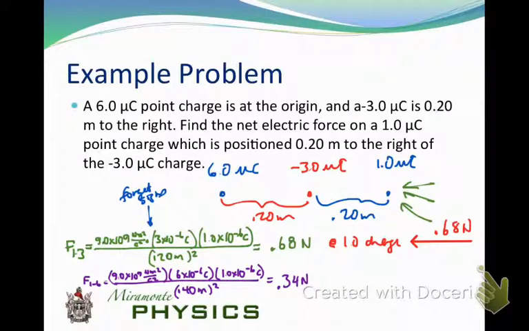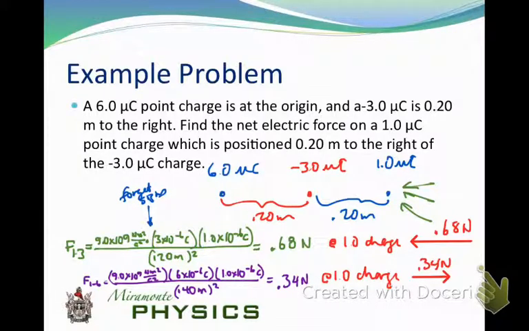Now, what about at the 1.0 microcoulomb right here, same spot, except what's the force direction going to be due to the 6 microcoulomb? Point your finger. What's the direction of the force? Good. It's to the right, because it's a repulsive force. So I make a little vector, and it looks like this, 0.34 to the right.